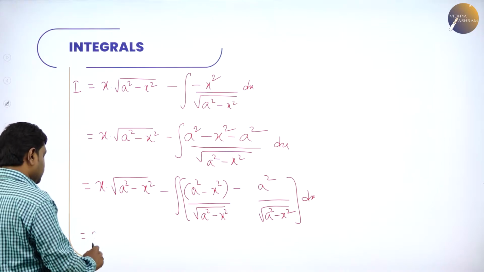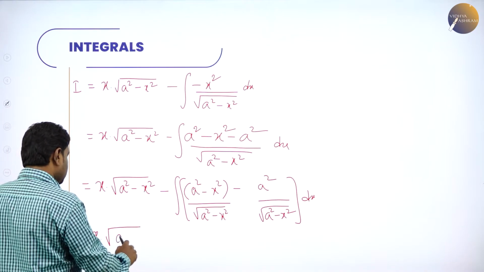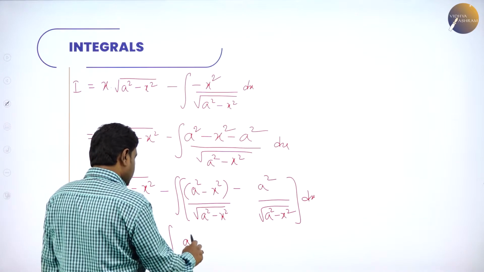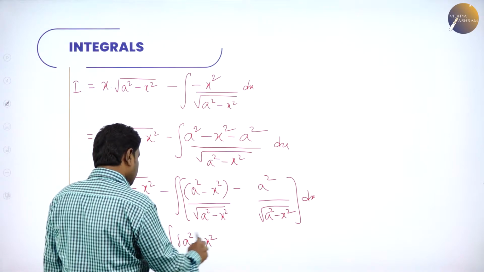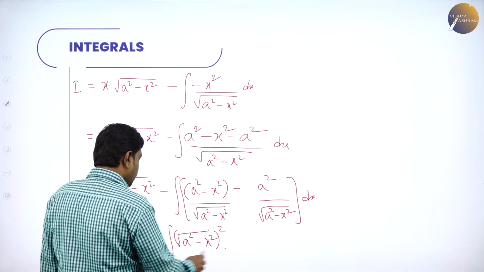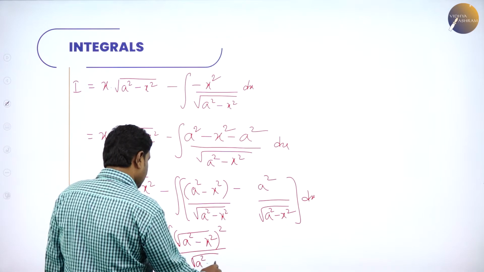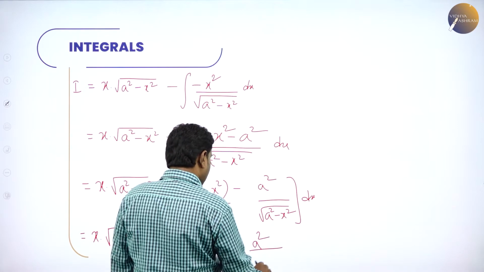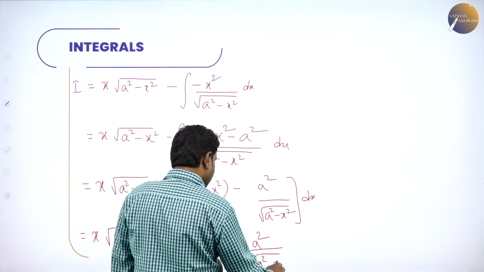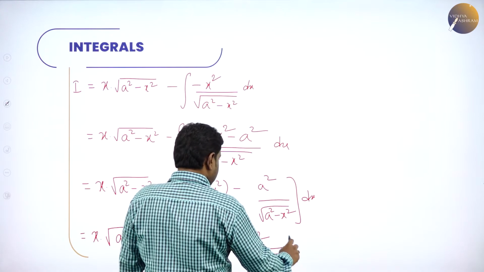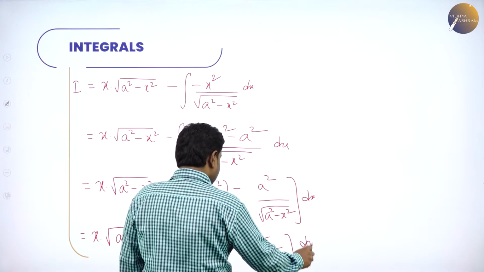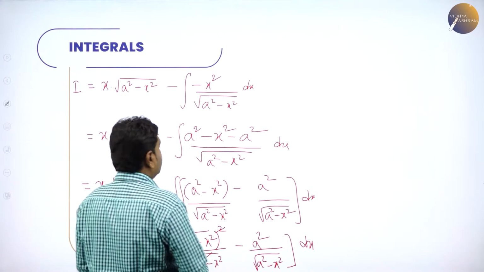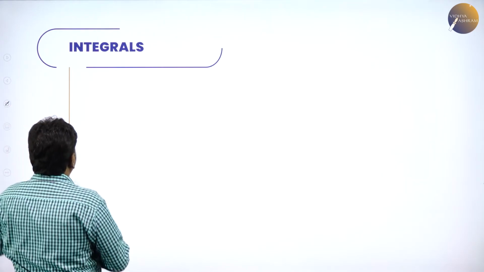So we'll get x into root of a square minus x square minus, I can write it as, a square minus x square under root the whole square divided by root of a square minus x square, minus a square divided by root of a square minus x square, into dx. Further, I can cancel one term and whatever is left out, we'll write it.